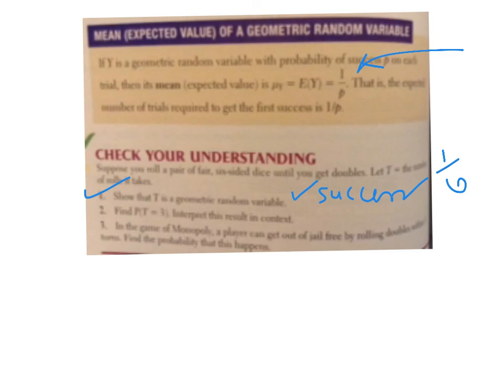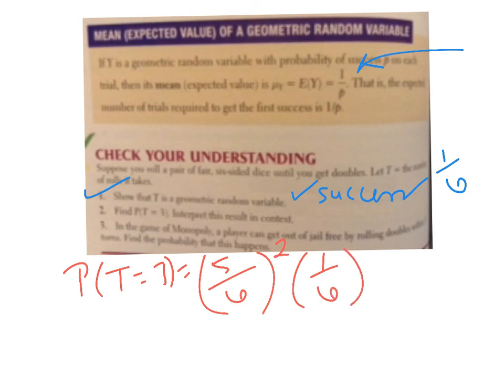If I want to find the probability that T equals 3, and then interpret that in context, I'm finding my 1 minus, which is 5/6, squared times my success.